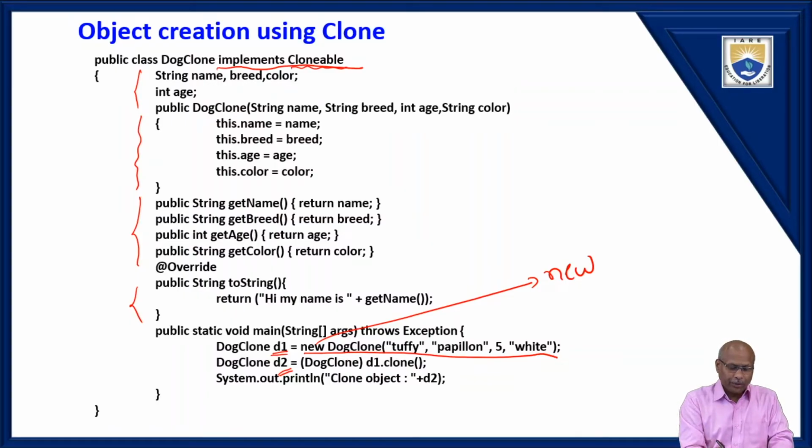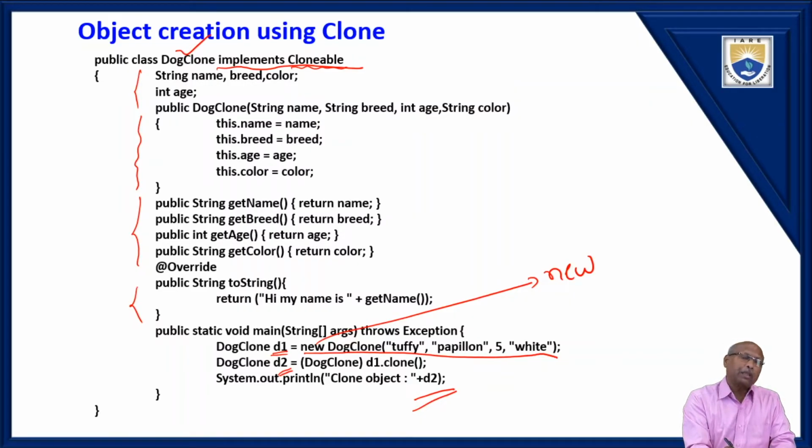Xerox it. So D1.clone, and typecast to DogClone type, because this is the name of the class. Of course, this name you can give anything. Here I have given DogClone. So automatically I am getting one clone of D1. And whenever I am printing D2, it will print the object of D2.